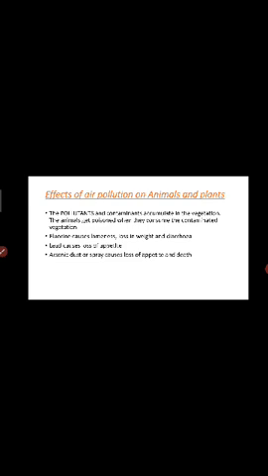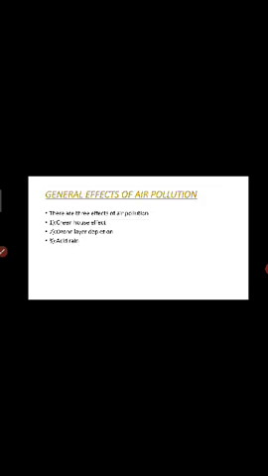Chlorine gas, lead, arsenic, and similar poisonous chemicals mix with the air and affect animals. Sulfur dioxide, acid rains, and nitrogen dioxides mixed with the air affect plant growth and crop growth, decrease the yield, and reduce fruit production. We learned about the general effects of air pollution.